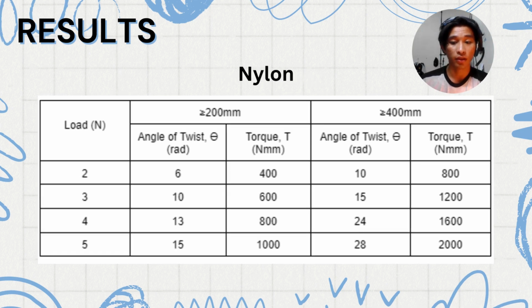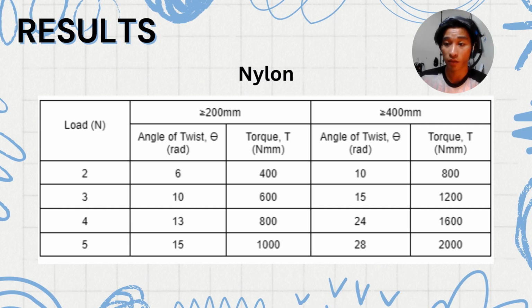And lastly, for nylon, we use loads of 2 Newton, 3 Newton, 4 Newton, and lastly 5 Newton. This is because nylon is too fragile, so we use a lower load. At 200 millimeter, the angle of twist is 6 rad, 10 rad, 13, and lastly 15 rad, and the torque is 400, 600, 800, and 1000 Newton millimeter.